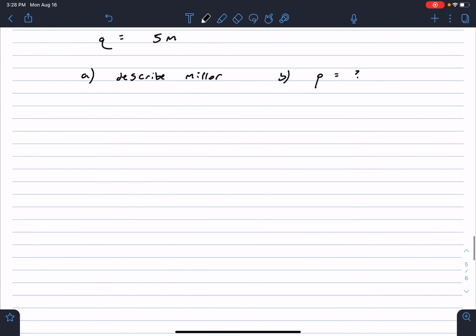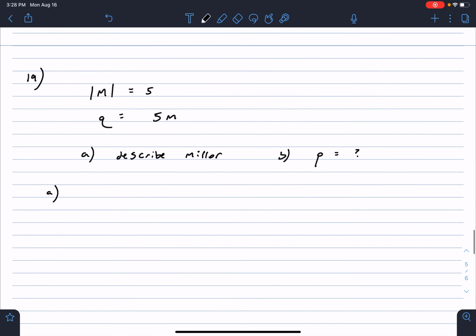So starting with part A, to describe the mirror, we're told that there's a mirror and that a distance away an image is formed on a screen, right? So this is the screen, this is the mirror. The point being, this image is a real image because it's on a screen.